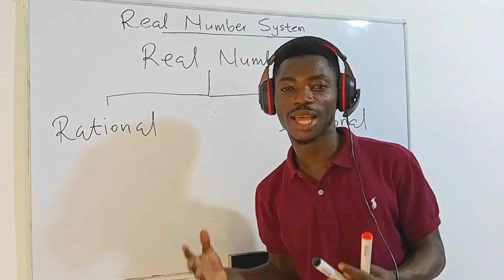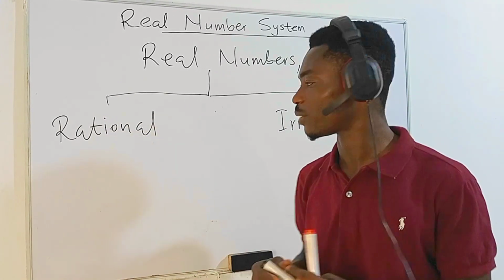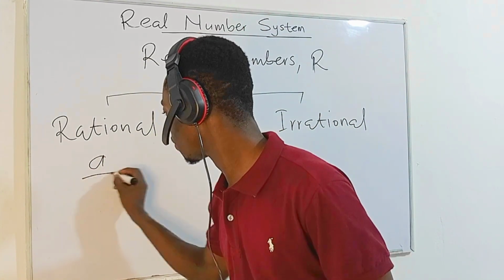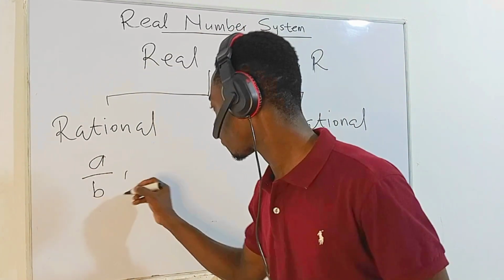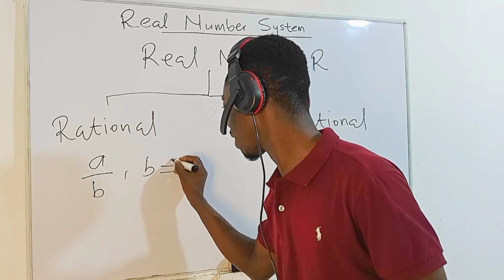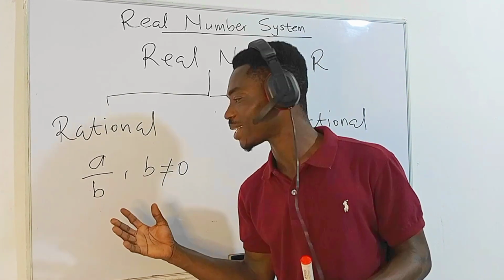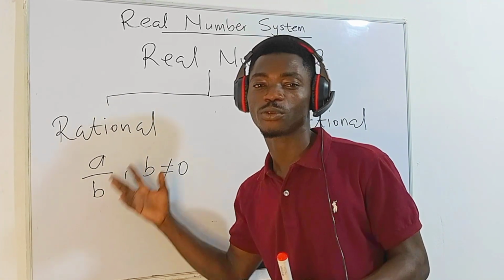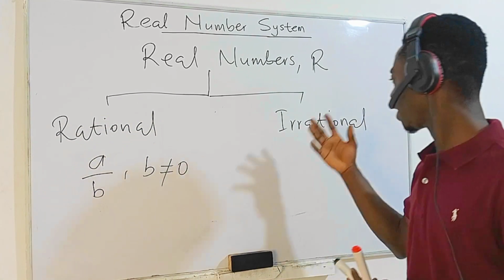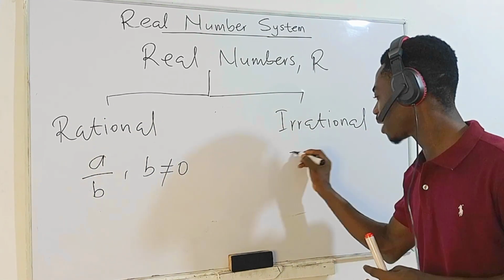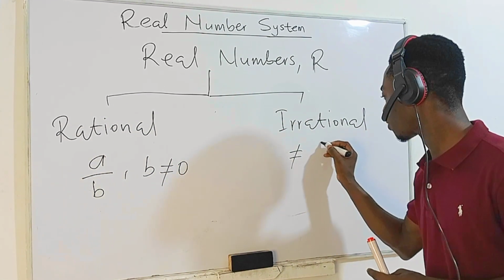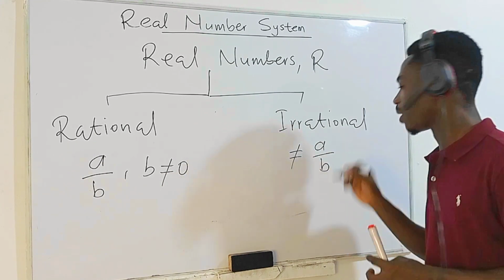Basically, rational numbers are numbers that can be expressed in the form a divided by b, and of course b should never be 0. In other words, rational numbers are numbers that can be expressed in the form of fractions, whilst irrational numbers are numbers that cannot be expressed in the form of a fraction.